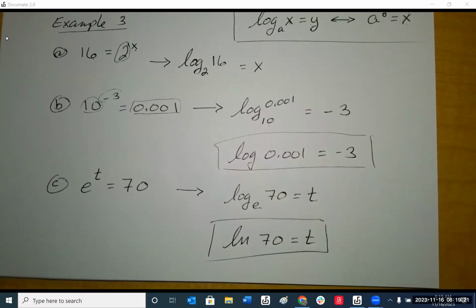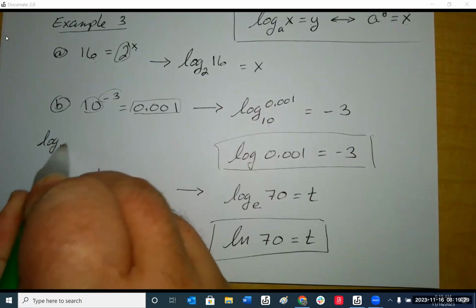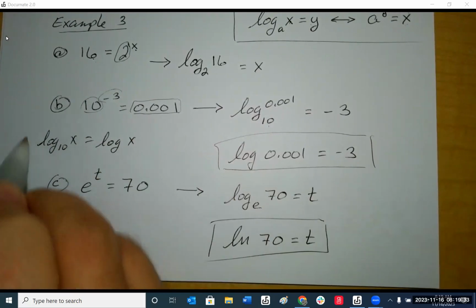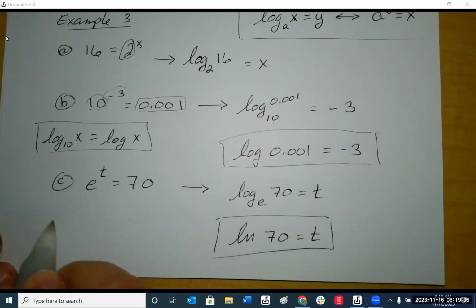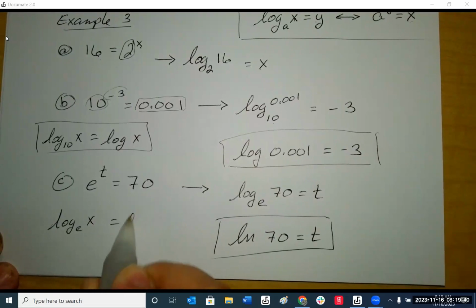Remember last class, we talked about the 3 different types of logarithms, depending on their bases. If it's log base 10, it's just log of x. If it's log base E, then it's ln.